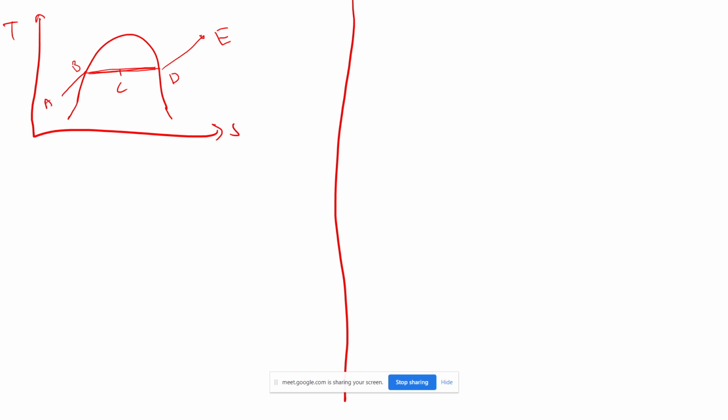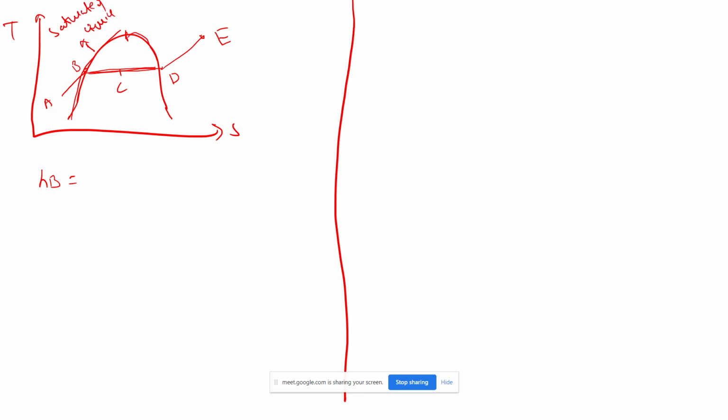First I'm calculating on the boundaries B, D. What will be the enthalpy at B? It will be equal to the enthalpy of the saturated liquid, because up to this point this line represents saturated liquid.